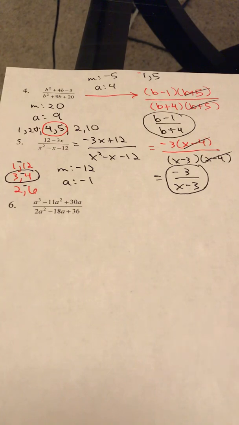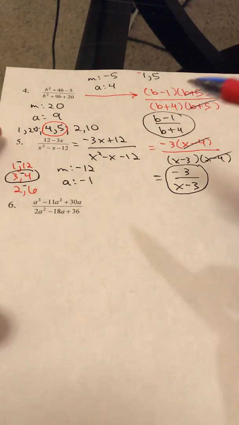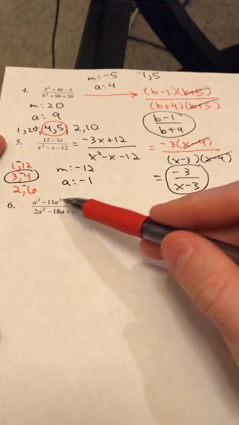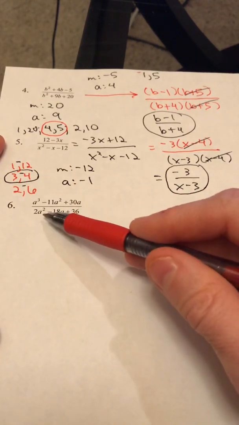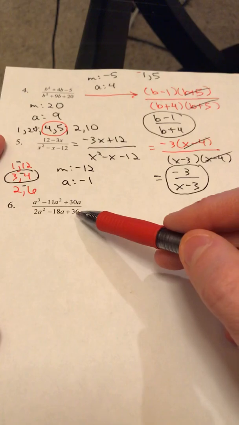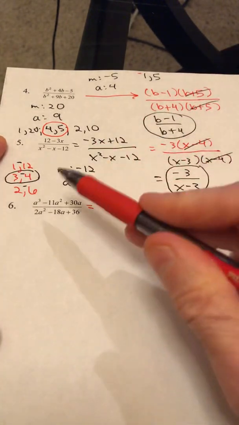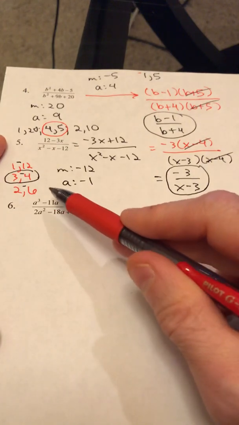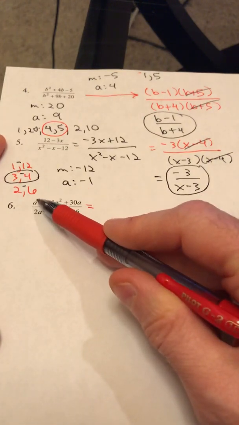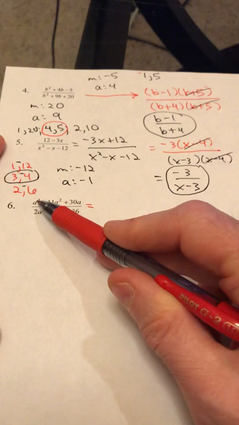All right, example 6, a little bit more of a challenging question here. A to the third minus 11a squared plus 30a over 2a squared minus 18a plus 36. This is one that actually has a GCF for both before we can do anything. If you have a to the third, that's not something you're going to want to factor initially.